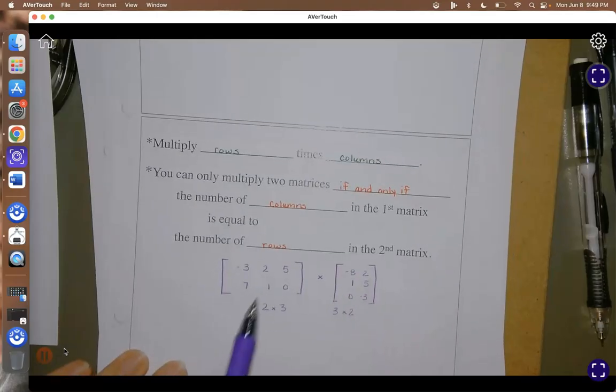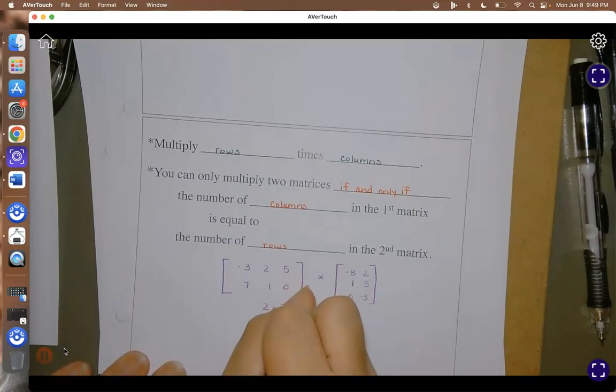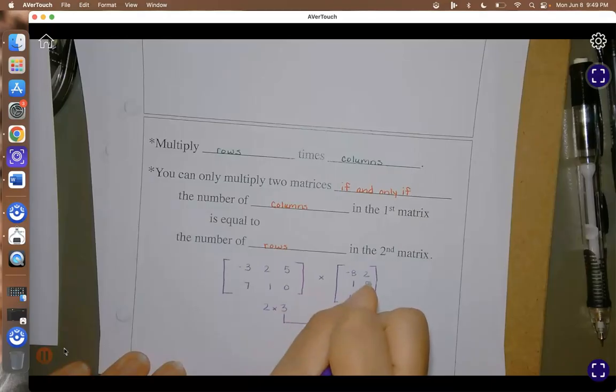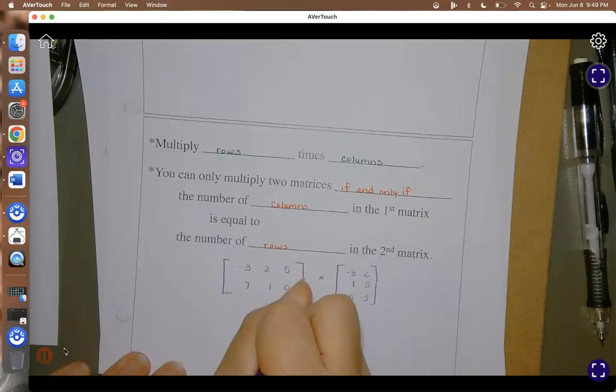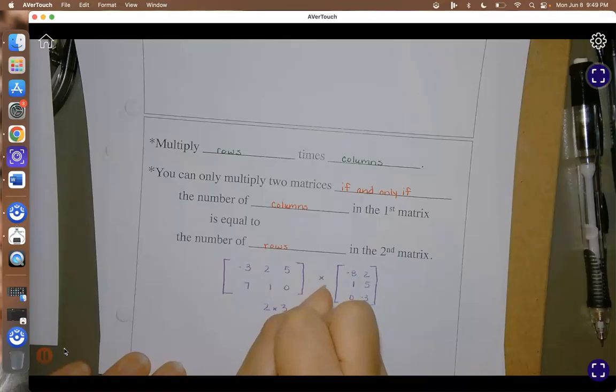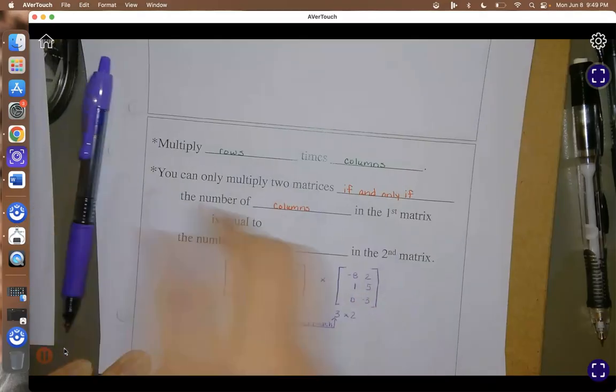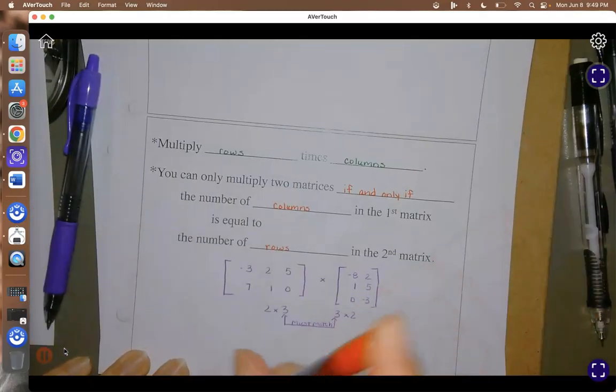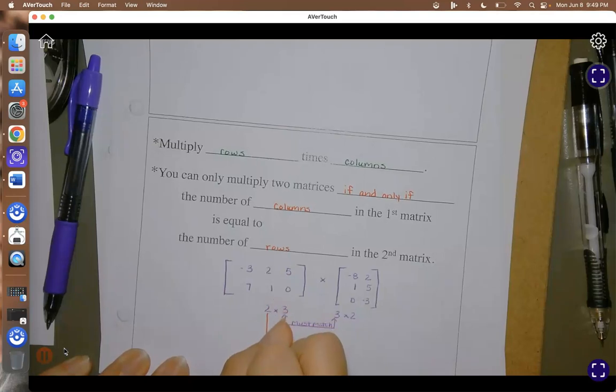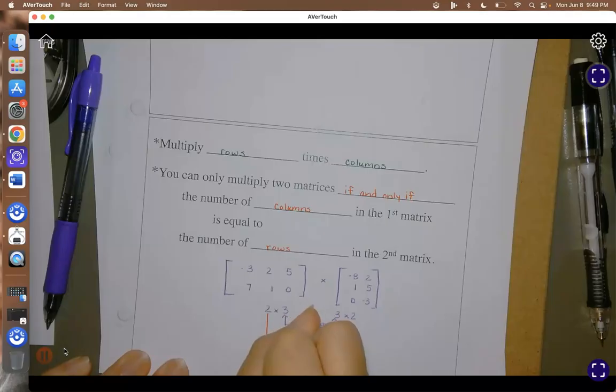So in order to be able to multiply, these two things must match. Now these two outer numbers give you the dimensions of the answer.